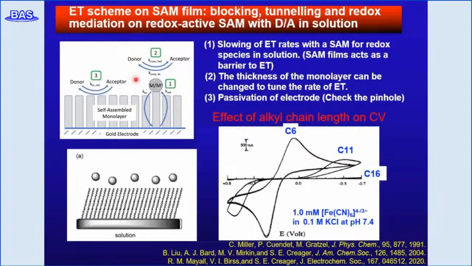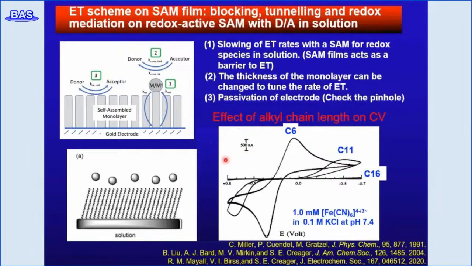When the anchoring group has longer chain lengths, the electron transfer becomes slower. This figure shows the effect of the thickness of alkyl thiol on the gold surface on CV shapes.